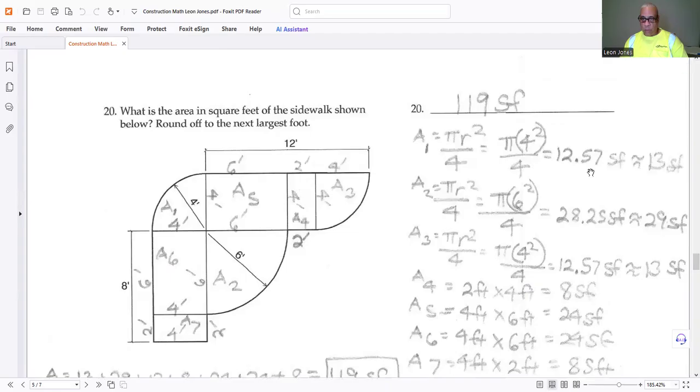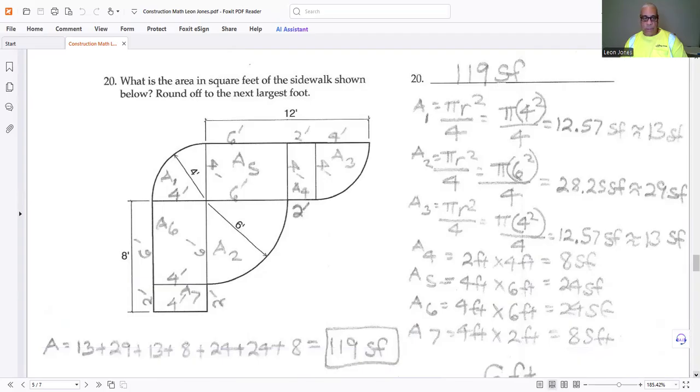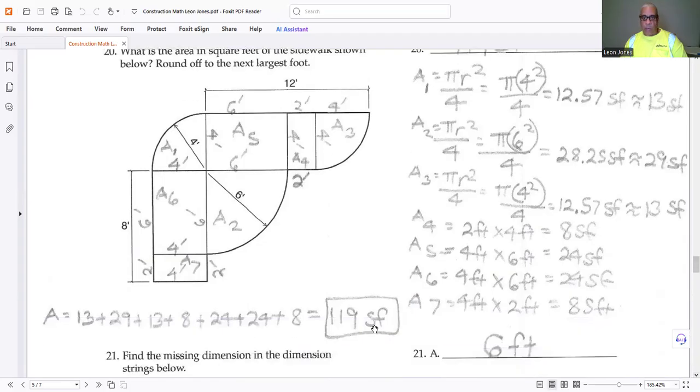So 12.57. And what are you going to do? You're going to add each area up. So you're dealing with sidewall. So you must know all of your formulas. And then once you get your areas, you total them up. And that's exactly what I did here to get 119 square feet.